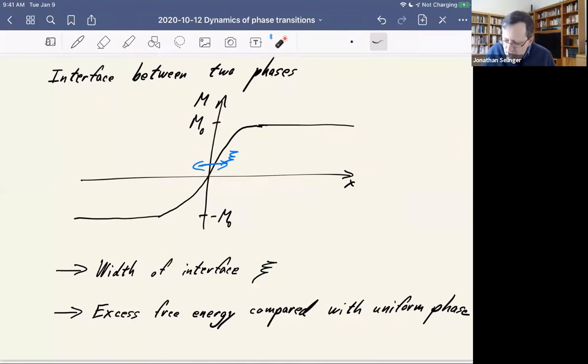And this excess free energy is proportional to the system size in the y and z directions. Okay? So it's equal to the area in the YZ plane times some coefficient.